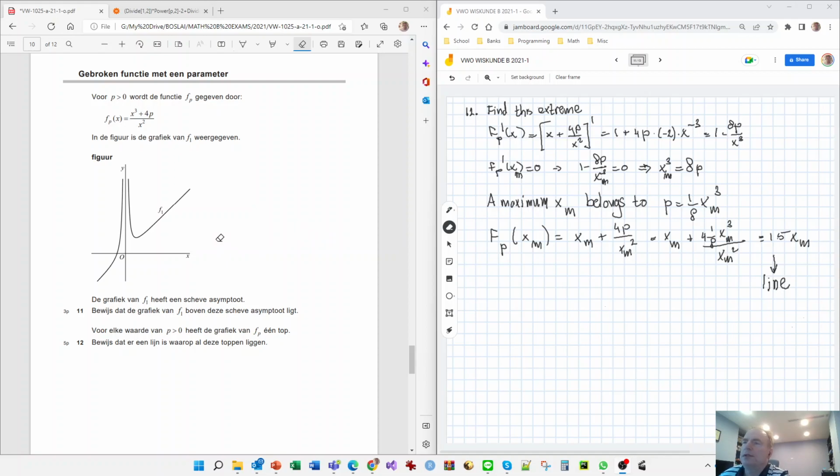Okay, it's a little bit tricky. It means that, for every p, if you would plot it for, say, p is 2, 3, 4, 5, the coordinates of the extremes are all on a line.